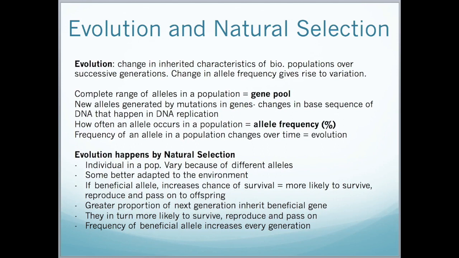If they have a beneficial allele, which increases their chance of survival, they're more likely to reproduce and more likely to pass on the allele to the offspring, which means that a greater proportion of the next generation will inherit this beneficial gene. They in turn are more likely to survive, reproduce, and pass on this gene. So the frequency of the beneficial allele will increase with every generation.